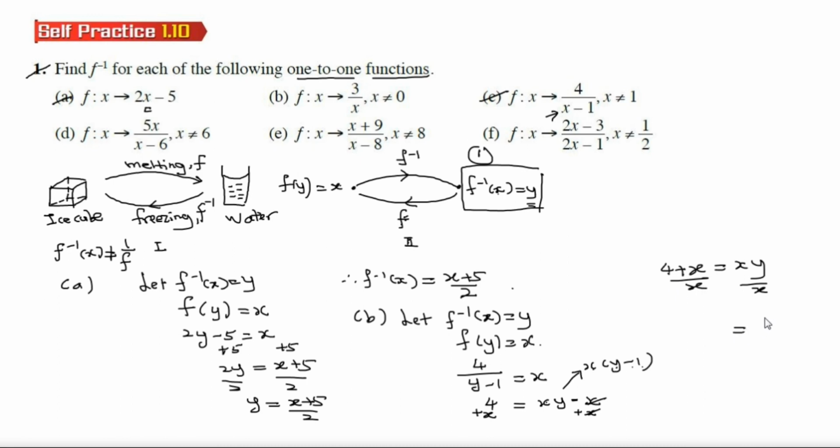So we'll have y equals 4 plus x over x. So what is our y? Our y is the f inverse. Finally, f inverse x is equal to 4 plus x over x with the condition x not equal to 0. That is C. Sorry, this one is not B. This is C.